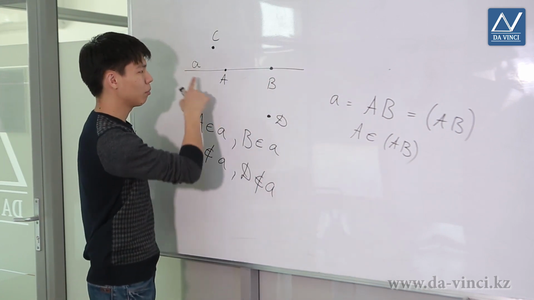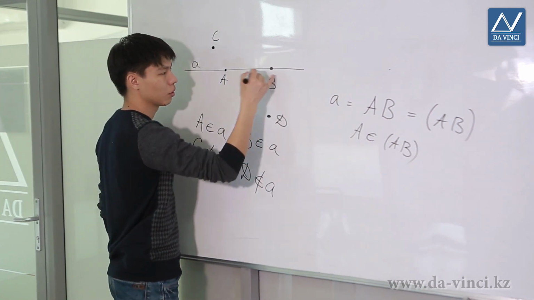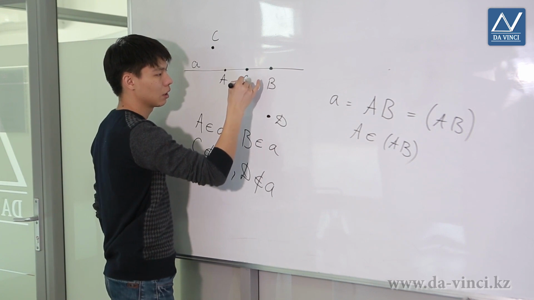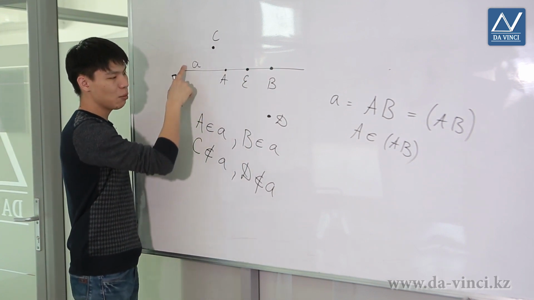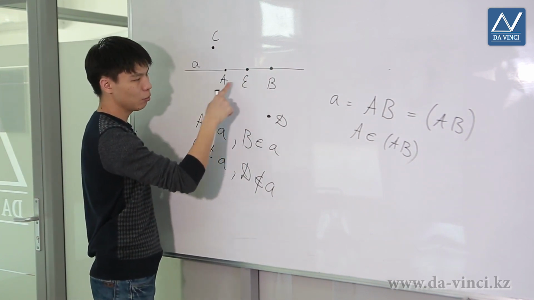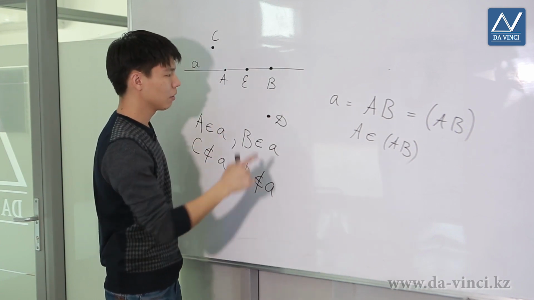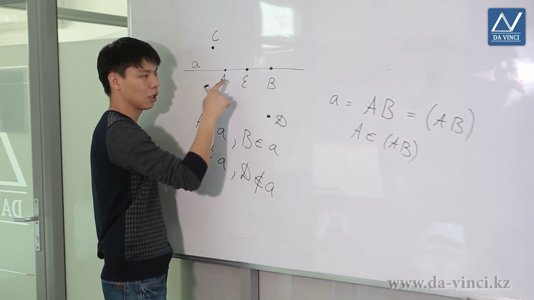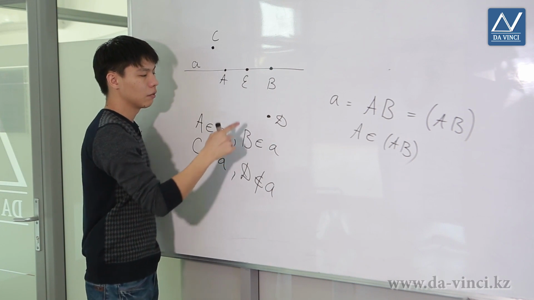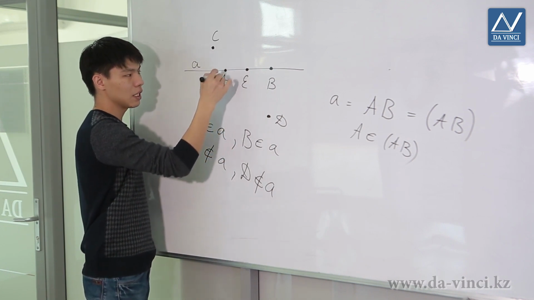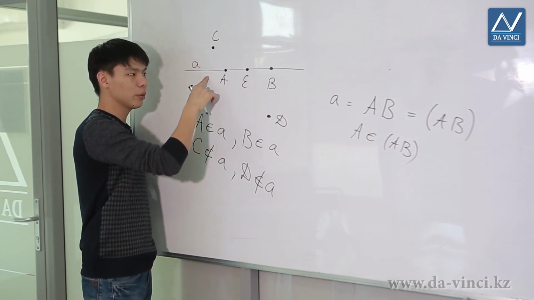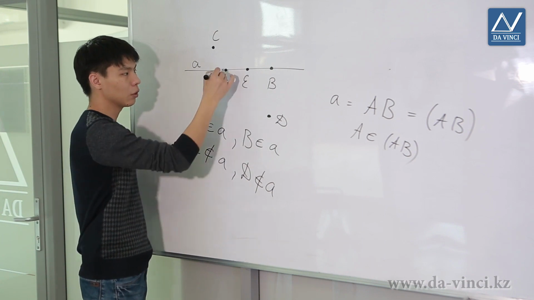If we mark an additional point E on line a, then we can refer to line a not only as line AB, but also as line AE, because it passes through these 2 points as well. Or alternatively, we can call it line EB. In general, if we have 2 points, we can draw a single straight line through them, only one straight line.